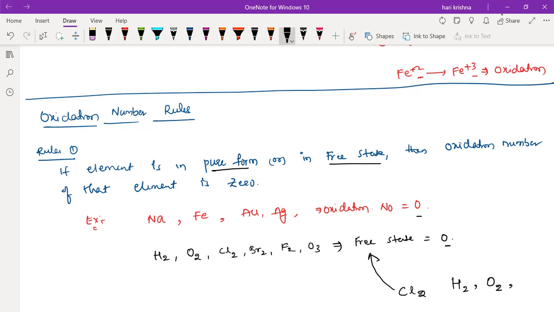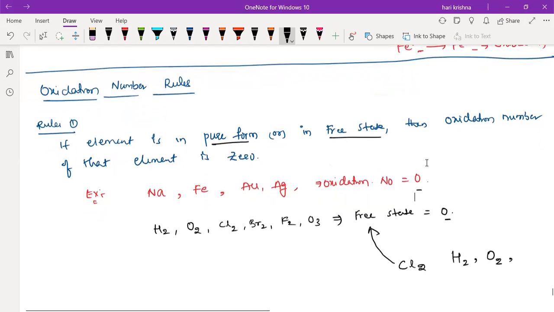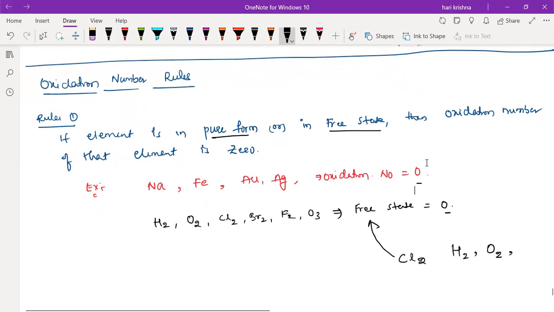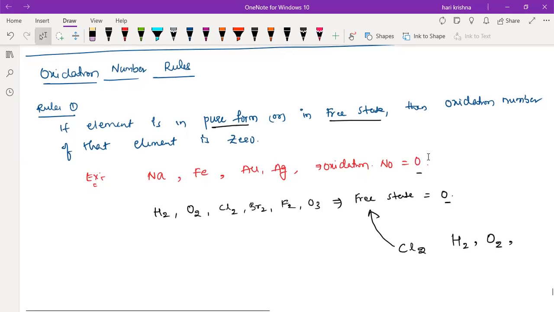If it exists without any charge on it, that is a 0. Clear? Yes, sir. Now, the elements that exist only in combined form, like H2, O2, Cl2, Br2, O3 and all, these are the free state elements. By doing some examples, you'll get to know all these things.